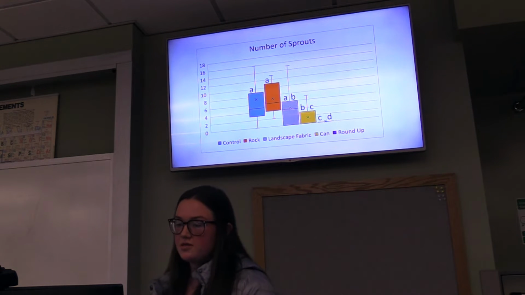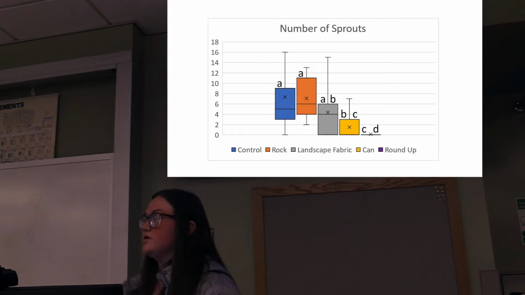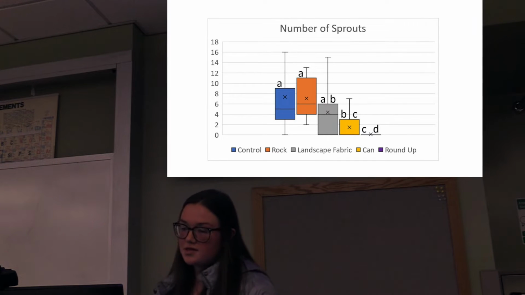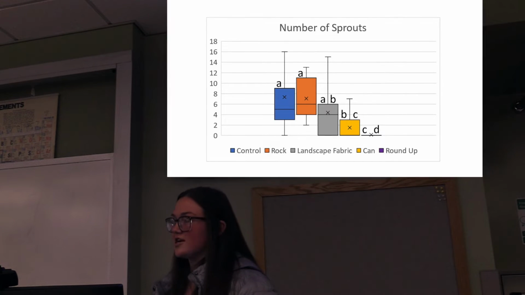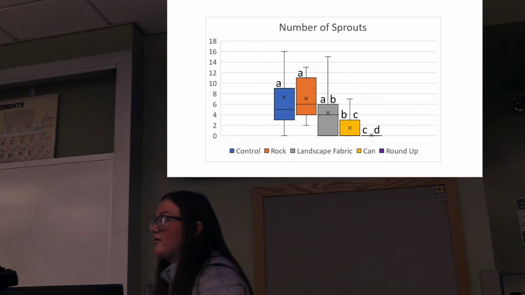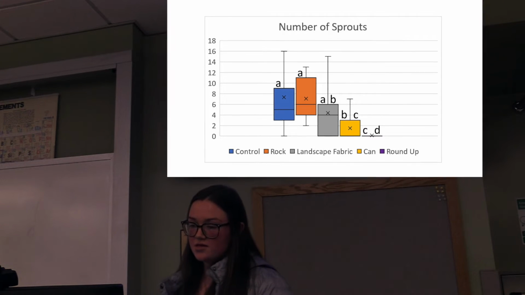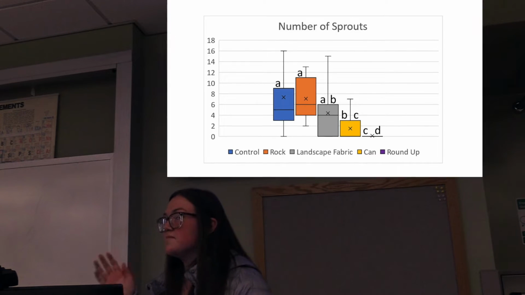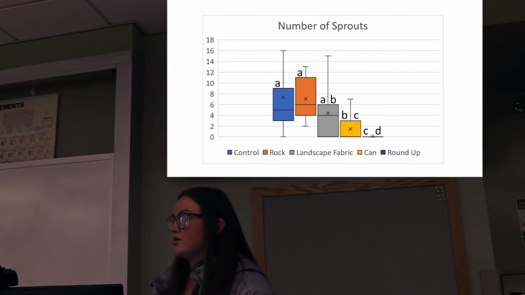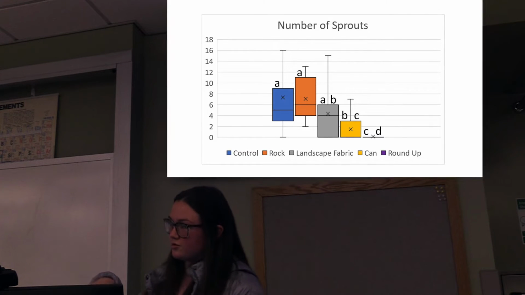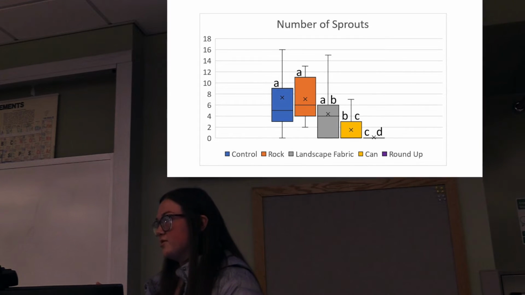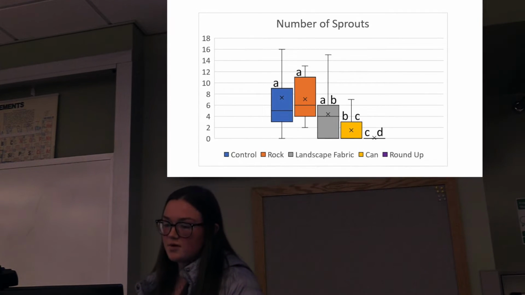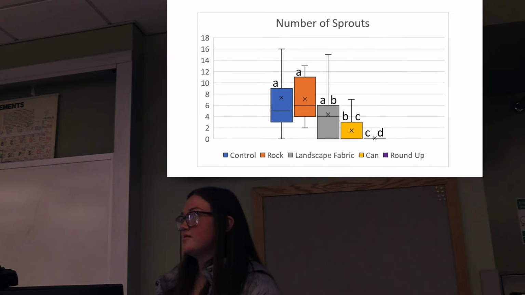So here's the data on the number of sprouts in each treatment group. As you can see, the Roundup did the best. There were maybe 2 stumps that had 1 sprout on them. The can did okay. There were some where the can was placed on the stump, but the stump grew sideways, so the sprouts shot up from the sideways part. But the cans were effective.